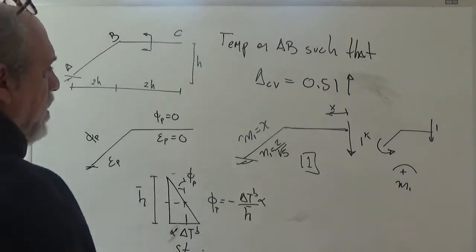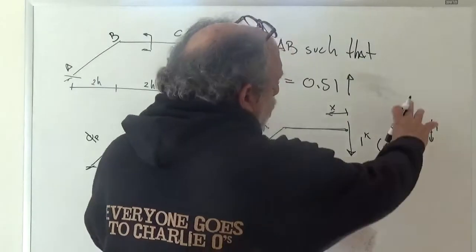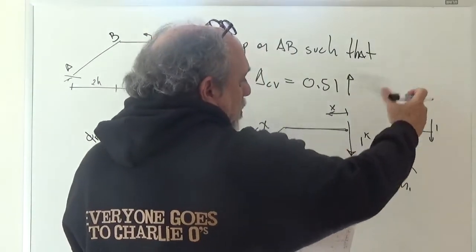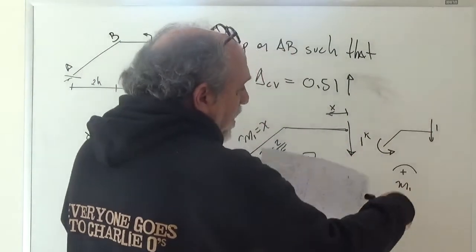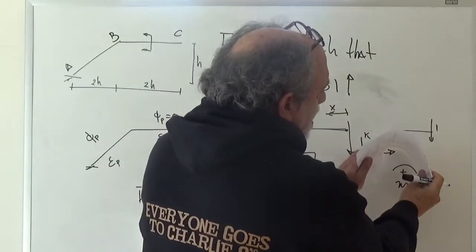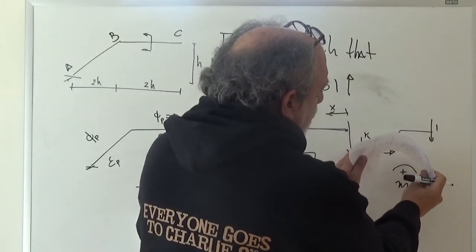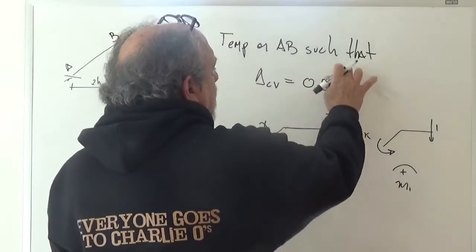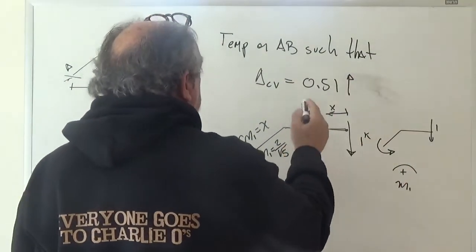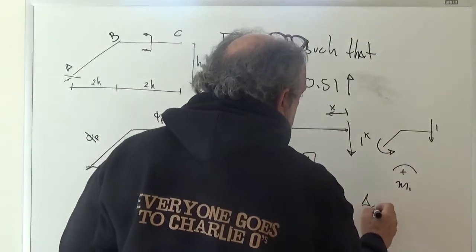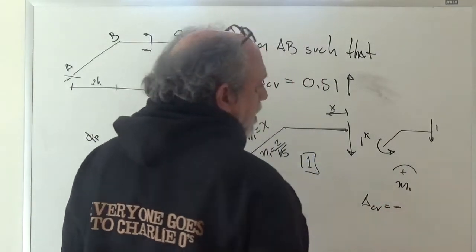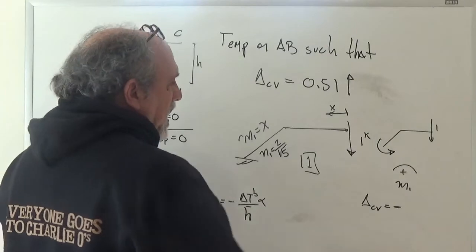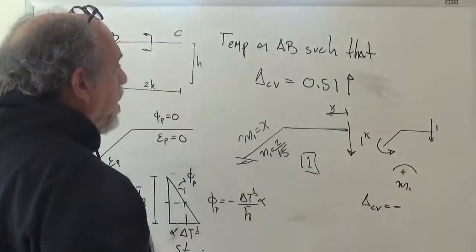But notice that what I'm saying here is that my one kip load, which I could have pushed up, but I kept it down as before, is doing this, okay? And therefore, we're supposed to get delta C of 0.51 up, so that means delta CB should be minus, right? If I keep the one kip load downward.